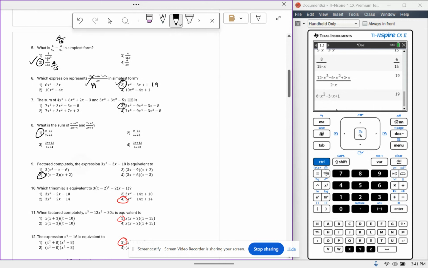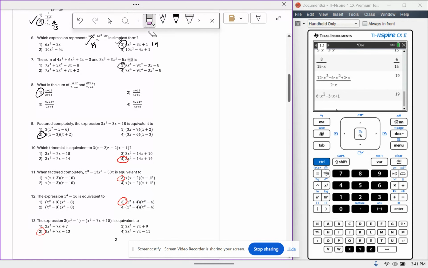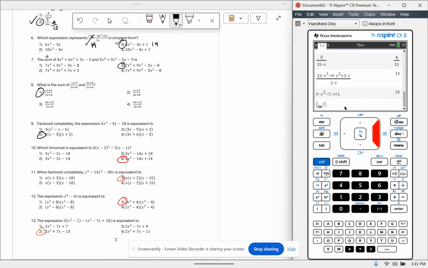Question 7, the sum of these two. Sum is plus. So let's go ahead and type all this stuff in our calculator, okay? 4x to the third plus 6x squared, and we get 78.